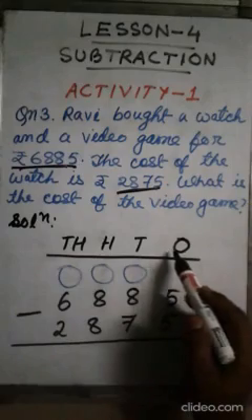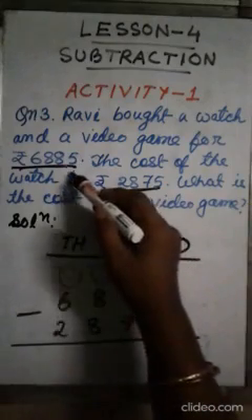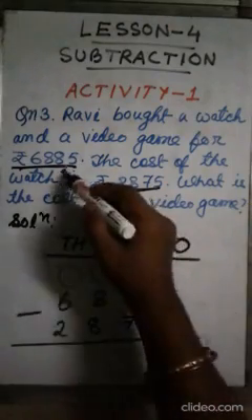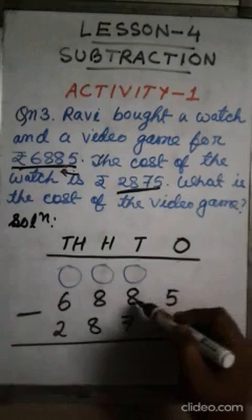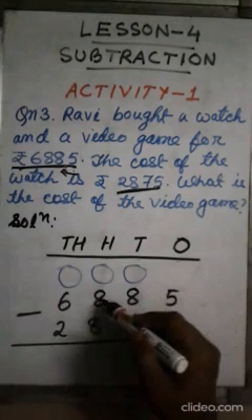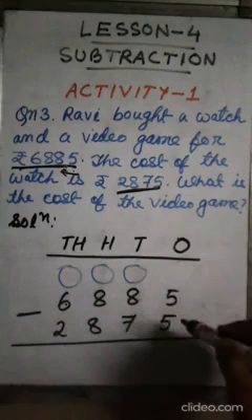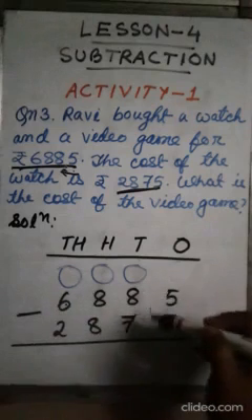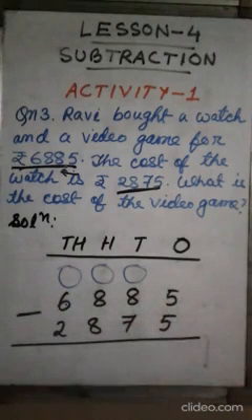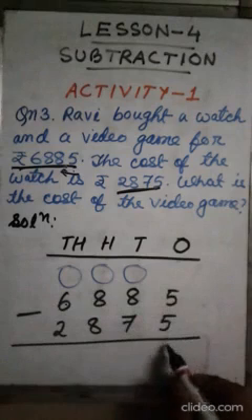Again I have drawn one place value chart. Enter the digits from the back side. In ones place 5, 8, 8, 6 and 5, 7, 8 and 2. Now subtract the numbers. You get 5 minus 5 is 0.